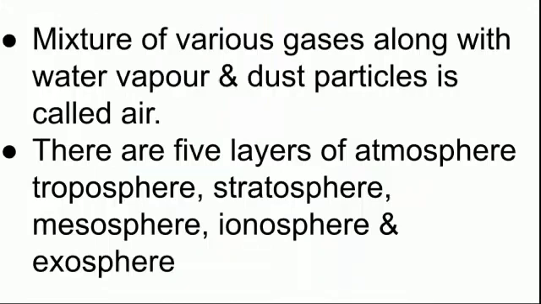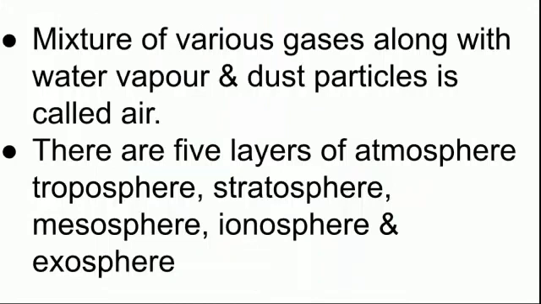Air in the atmosphere around the earth contains various gases like nitrogen, oxygen, carbon dioxide, inert gases, nitrogen dioxide, sulfur dioxide, water vapor and dust particles. Together, all of these are a part of air. In other words, we call them the constituents of air.